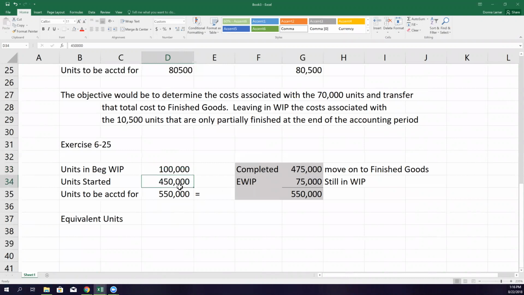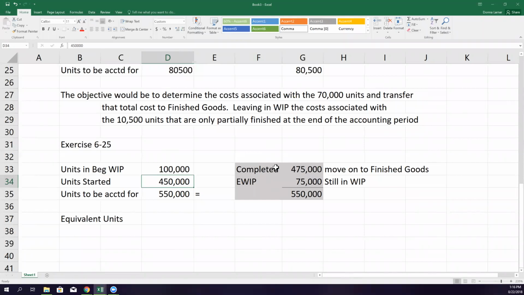The other 450 here, remember, is broken up into 2 groups. Part of that 450 got completed. 375 out of the 450 were started in December and went through the whole entire assembly process and got finished.